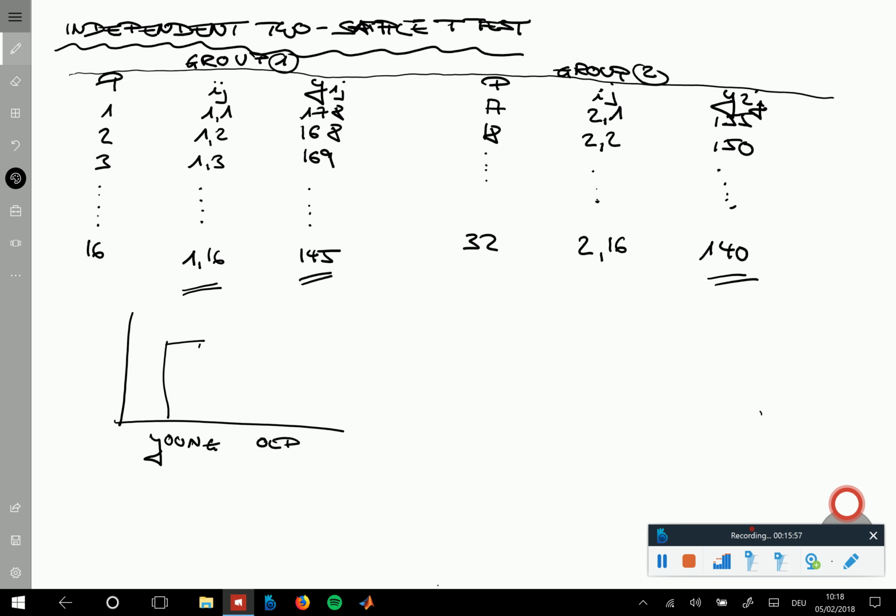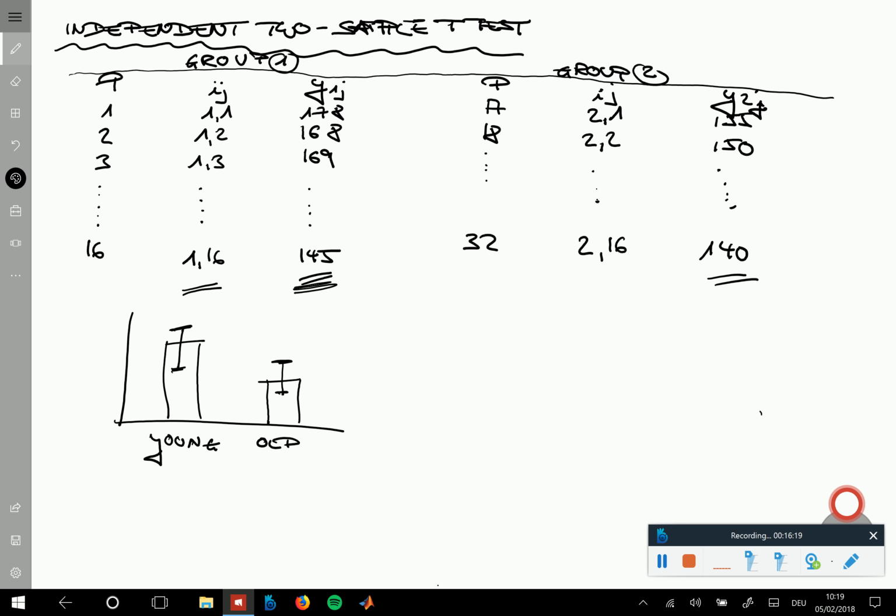So you compute the mean of these values, and you compute some representation of the variability so that you can plot error bars, and then you get a bar graph like this. So this is, in my opinion, a meaningful representation of such a two-group design.